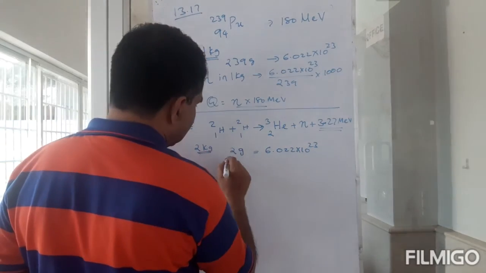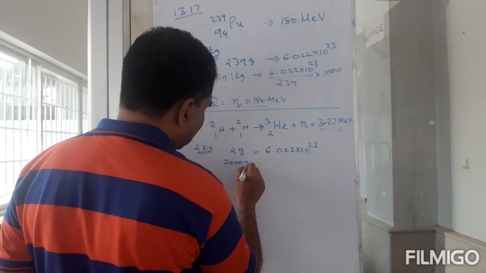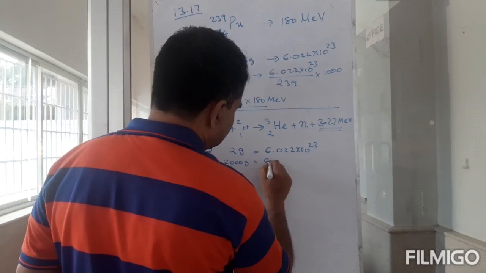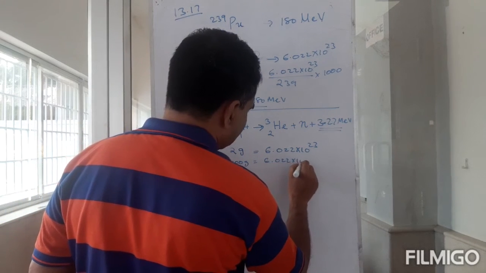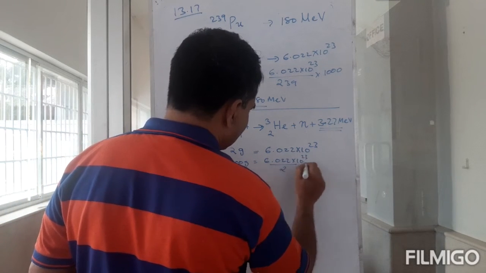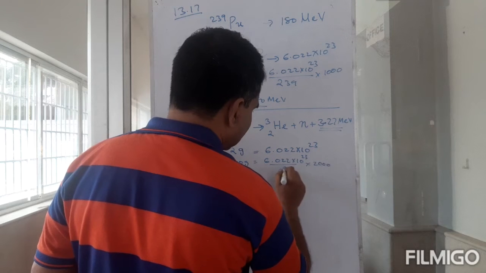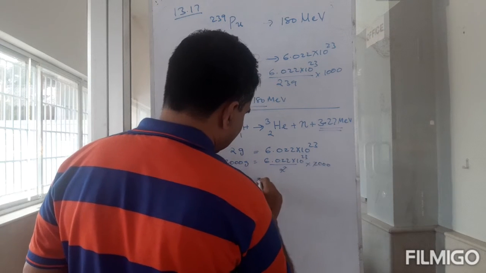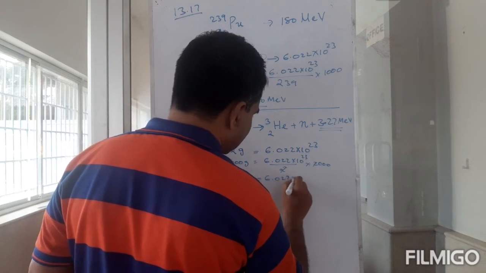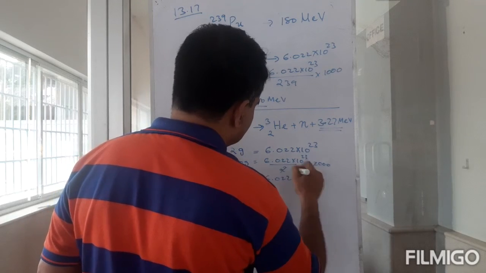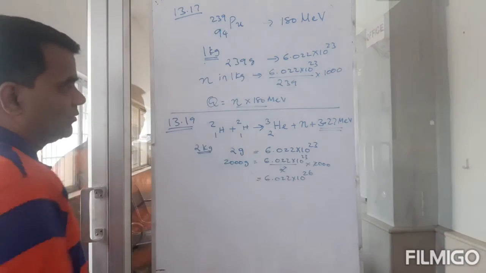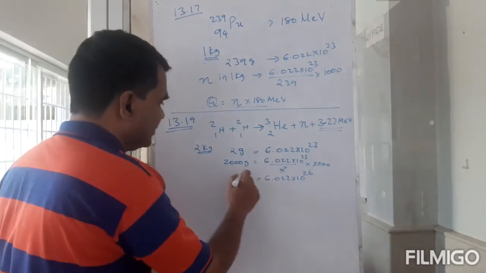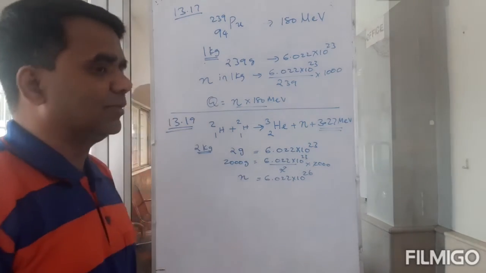Then 2 kg, 2000 grams, will contain 6.022 into 10 power 23 by 2 into 2000. So you effectively get 6.022 into 10 power 26 nuclei. So your N is going to be so many.